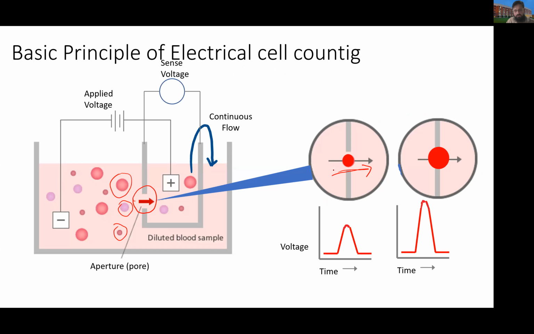As the cell crosses, you will see this voltage change, and that will be the information that a single cell has crossed your aperture. By counting all the cells in your sample, you will get a lot of pulses like this, and then you will count those pulses. That's the part of the lecture that we have to discuss in the coming slides.